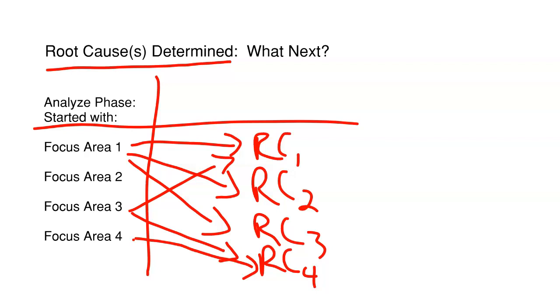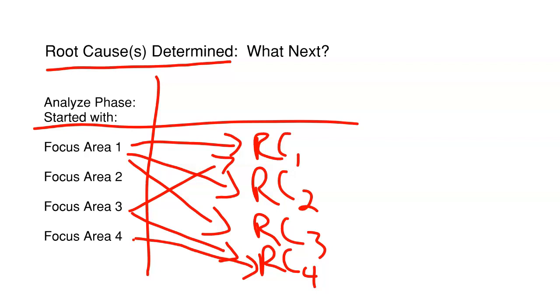So not always one-to-one, but pretty darn close. When you walk in with 4 focus areas, I'm not expecting teams to walk out with 122 root causes. If that happens, the team has probably gone past what our 3 considerations are for determining root cause. And that was a topic that we discussed in an earlier video when we explored 5Y.